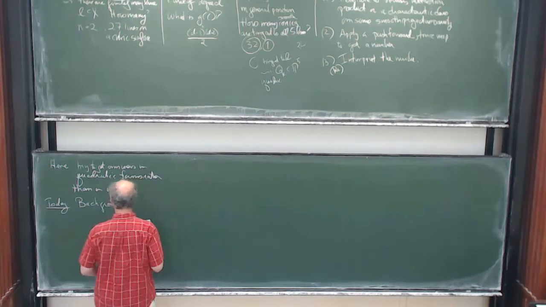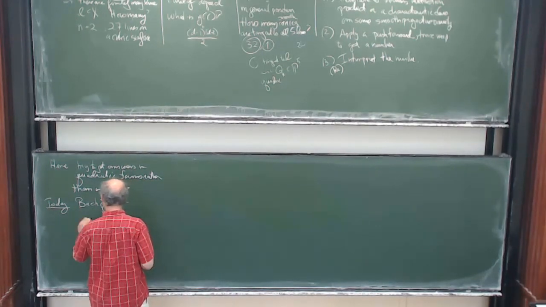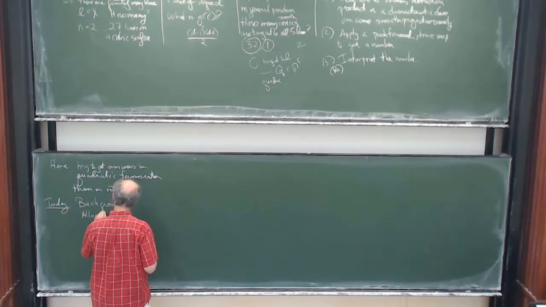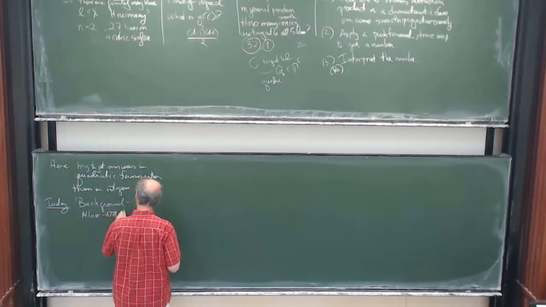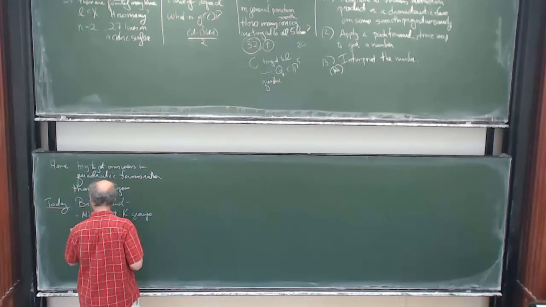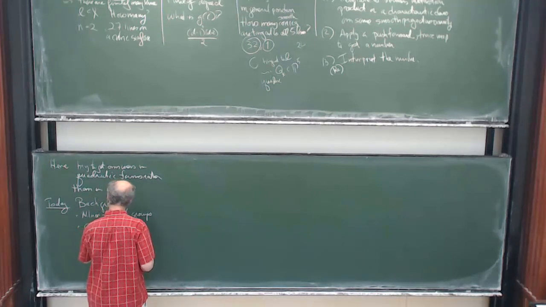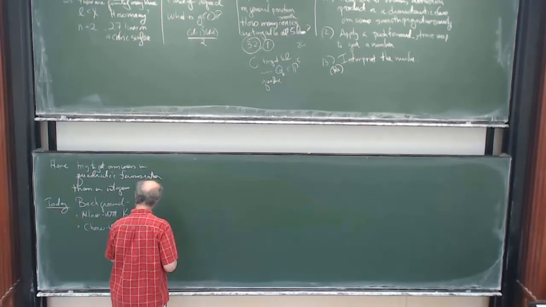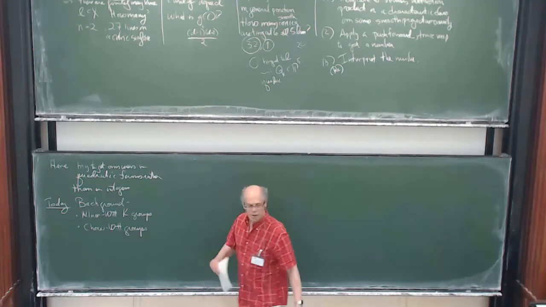So this involves things like the so-called Milnor-Witt K groups or K sheaves, and things like Chow-Witt groups. So as you'll see today, these are all in some sense refinements.